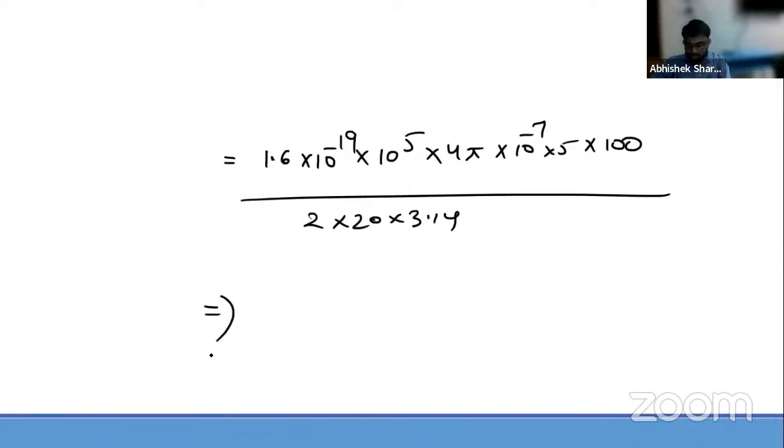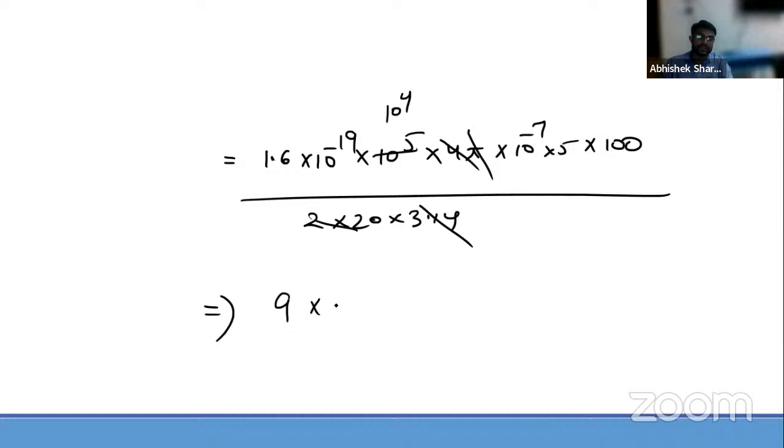Okay. So now I'll be solving this in front of you on a calculator. Let us find the answer. So the answer comes out to be 1.6 into 4 into 3.14. See, this and this are already cut. No need of this. Yeah, I think we can solve this without the calculator also. 10 to the power 4, 5 and 5, 9.